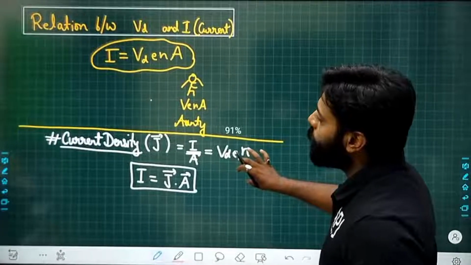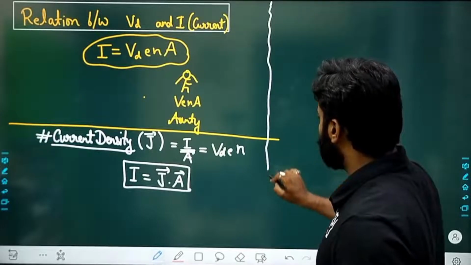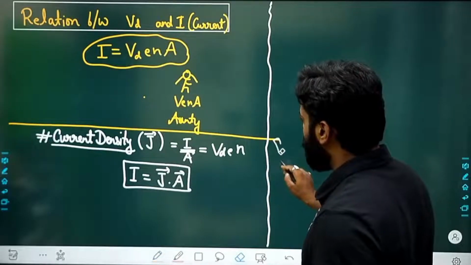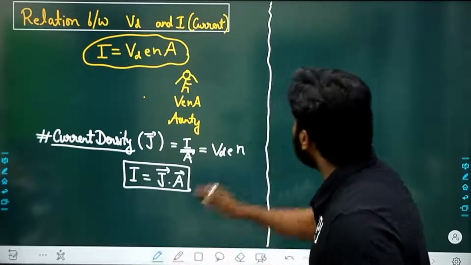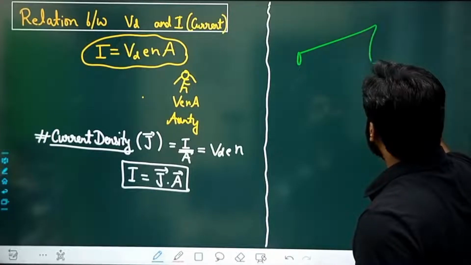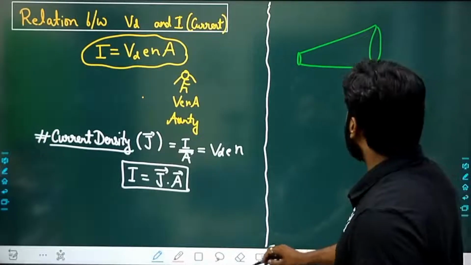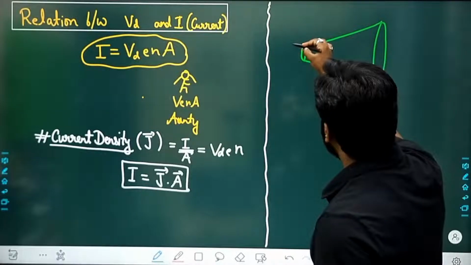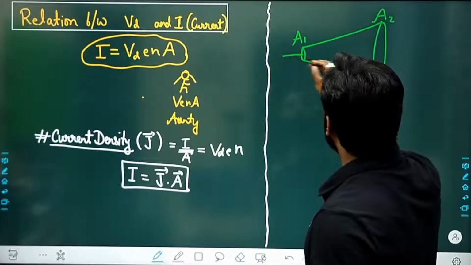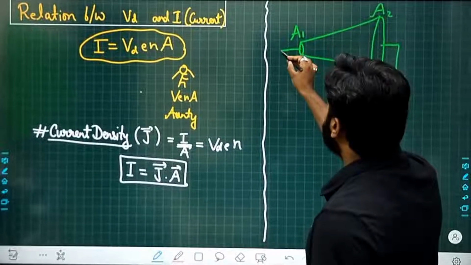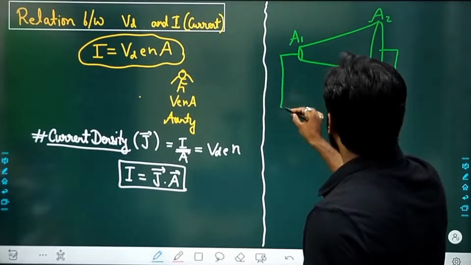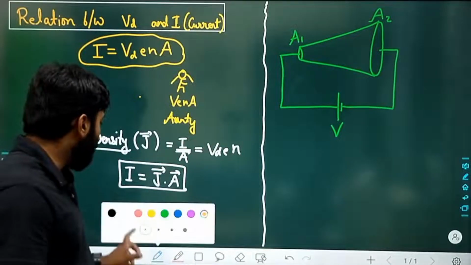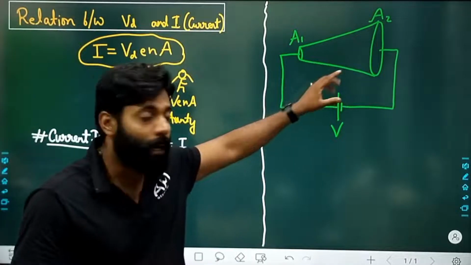Right? Now I am asking one question. Imagine that we are having a wire having non-uniform cross-sectional area, and it is connected to a voltage.